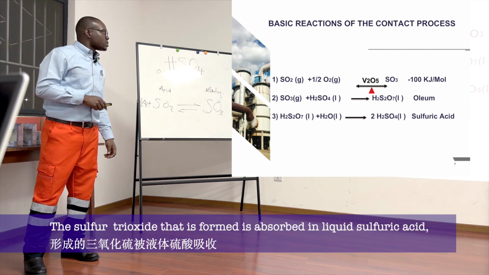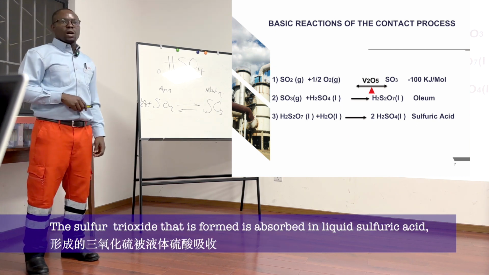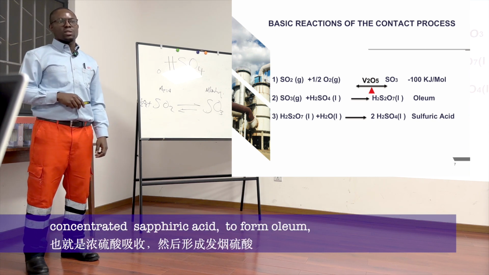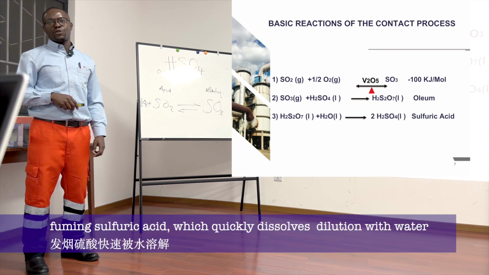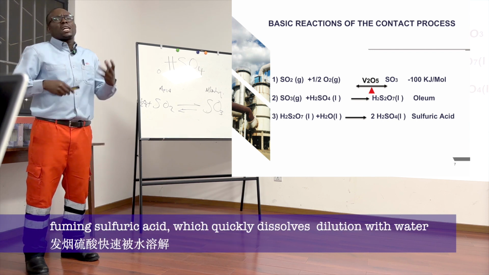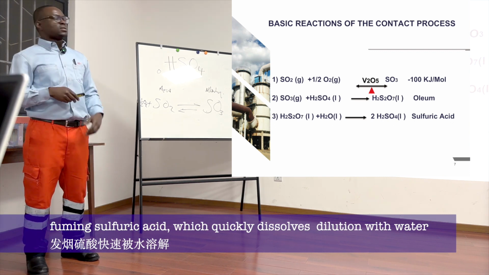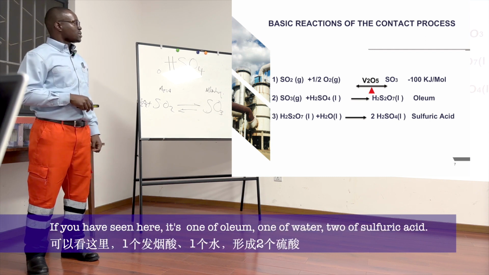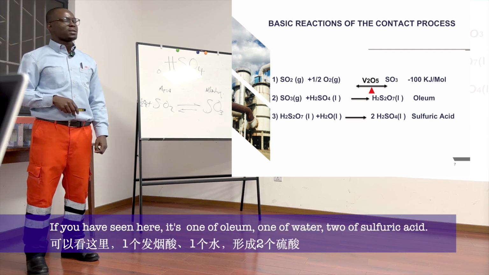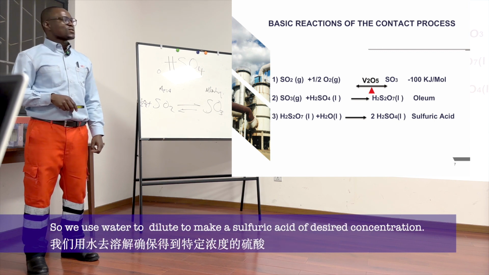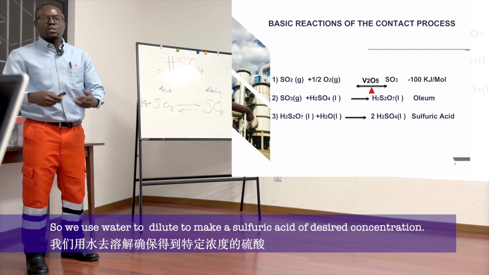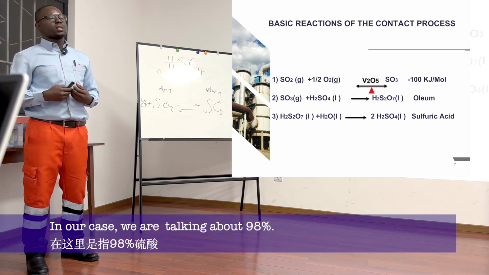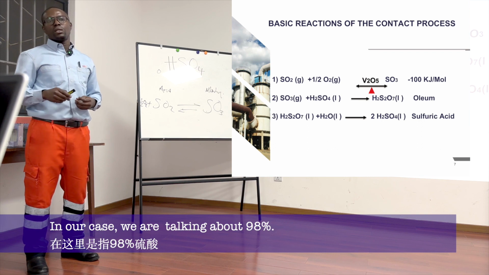The sulfur trioxide that is formed is absorbed in liquid sulfuric acid, concentrated sulfuric acid, to form oleum, fuming sulfuric acid, which quickly, on dilution with water, creates two of sulfuric acid. If you've seen here, it's one of oleum, one of water, we have two of sulfuric acid. So we use water to dilute to make sulfuric acid of desired concentration. In our case, we are talking about 98%.